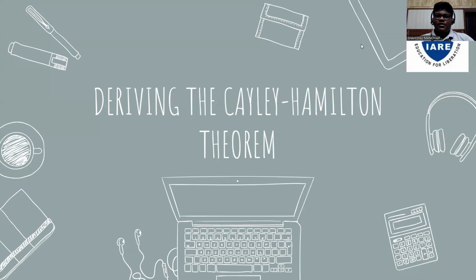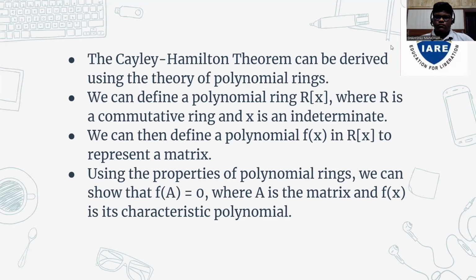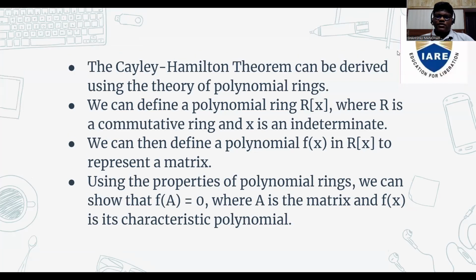Deriving the Cayley-Hamilton theorem. The Cayley-Hamilton theorem can be derived using the theory of polynomial rings. We can define a polynomial ring R[X], where R is a commutative ring and X is an indeterminate.